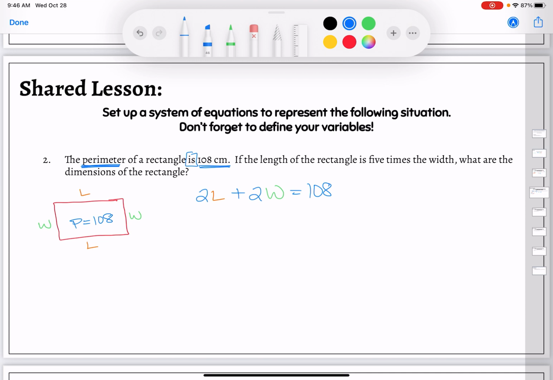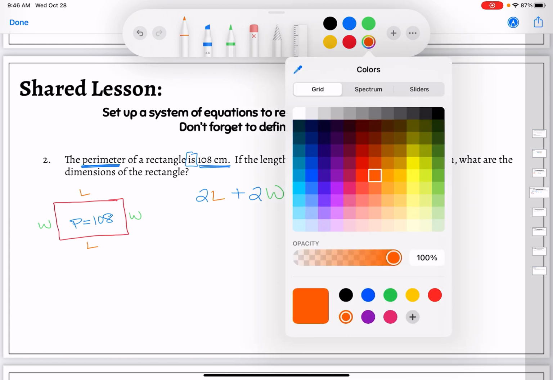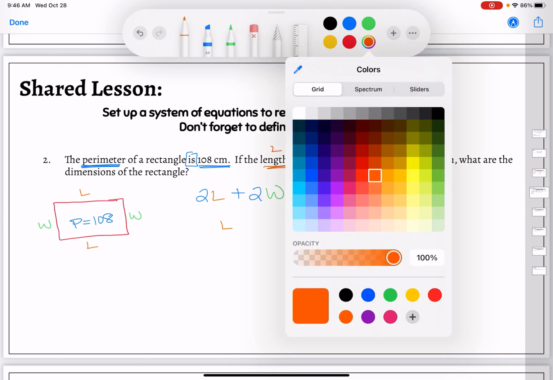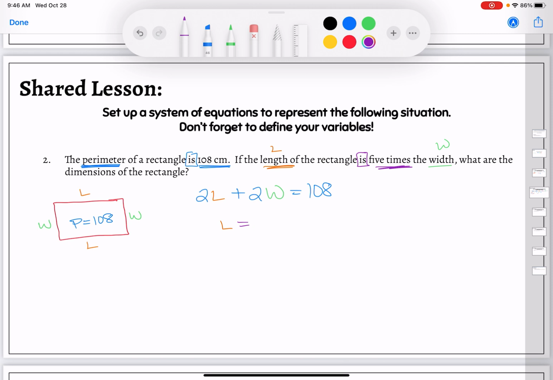All right, now the next sentence says, the length of the rectangle, length was L, right? The length of the rectangle is the length is 5 times the width, that was W. So the length of the rectangle, so L is, that's where I'm going to write my equal sign, 5 times the width.